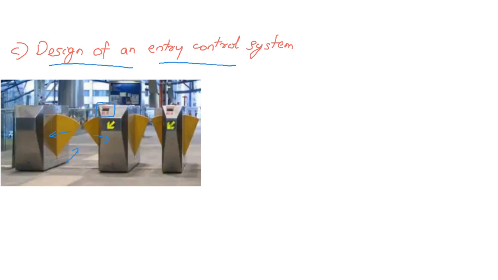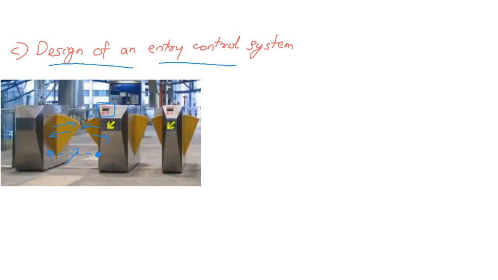Once he is moving in, there is an IR transmitter and a receiver fitted to this machine. The line of IR will be cut once he is moving inside. After detecting his movement, the machine will automatically close these flaps again.